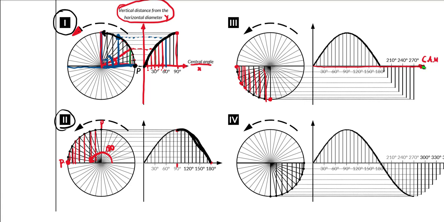Let's label that: central angle measure axis. So now, because point P is below the horizontal diameter of the circle, we have these lengths going below this axis.